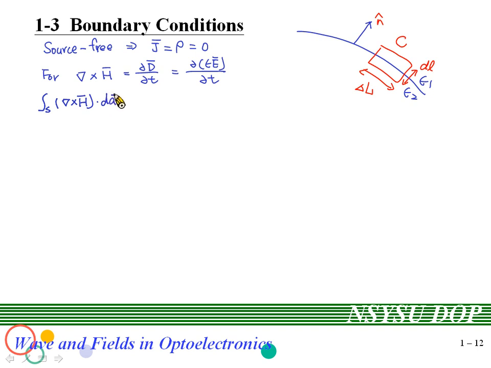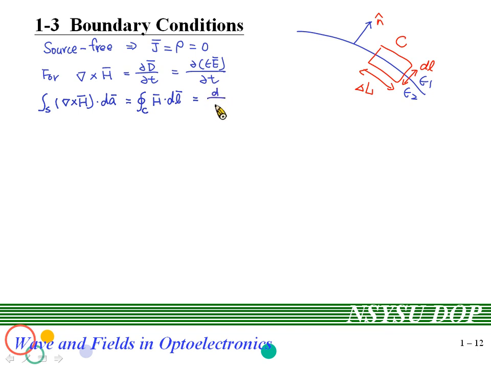And by Stokes' theorem, we know that if you perform the surface integral of curl H over an open surface, it will be equal to the closed line integral of H dot dl along the contour C, which encloses the open surface S. Okay, and also the right hand side, we also perform the surface integral.